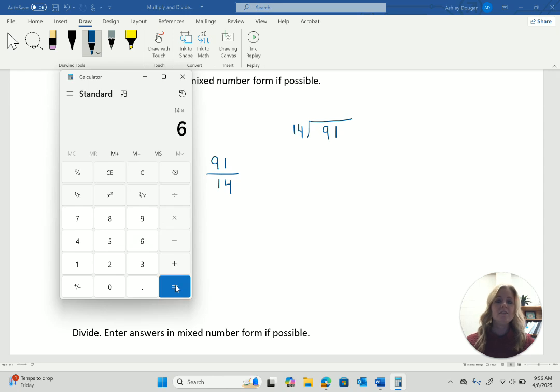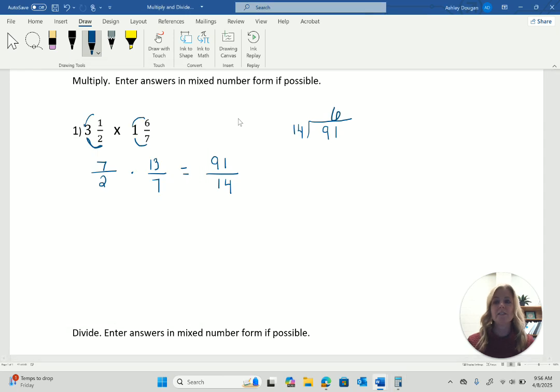And it will divide evenly 6 times. 14 times 6 is 84. And then we would subtract. 91 minus 84 is 7.